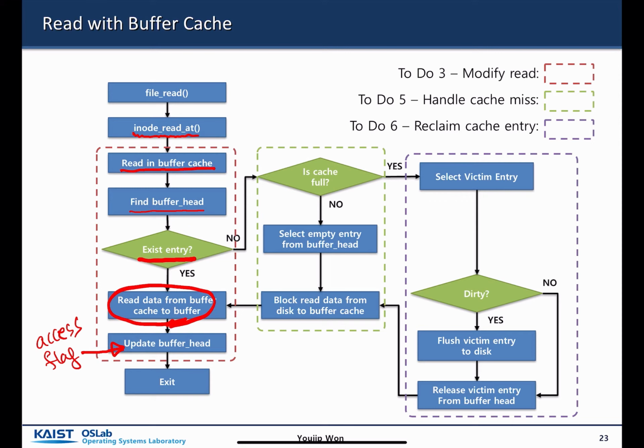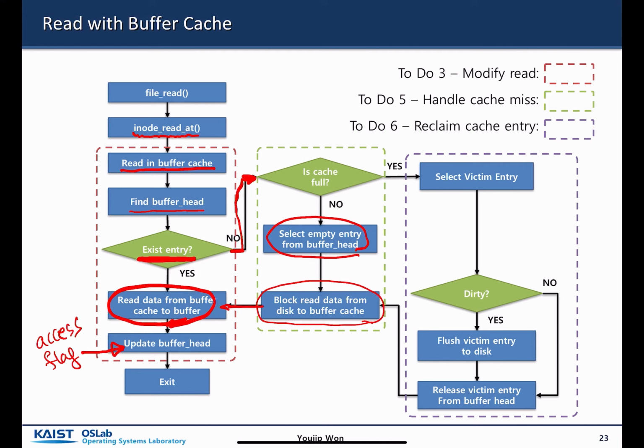If the entry does not exist, then you have to bring in the disk block from the disk to the buffer cache. If the cache is not full, then that's better. Then you can just read the blocks from the disk to the buffer cache and read it again. So select an empty entry from the buffer head, bring in the disk blocks, and then perform the read.